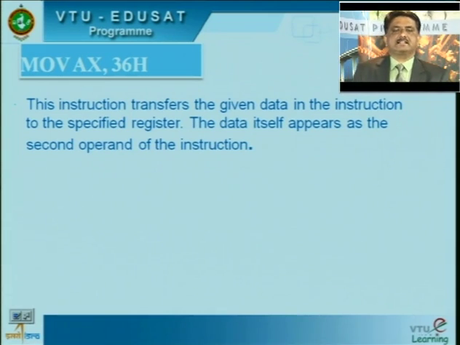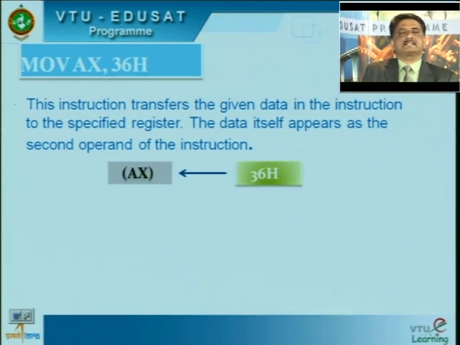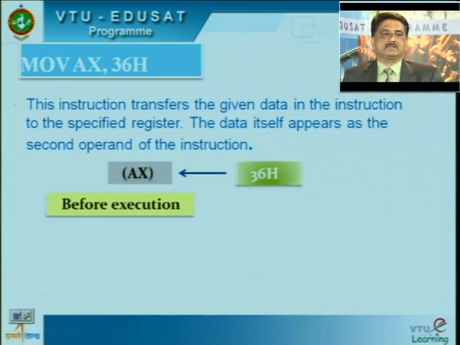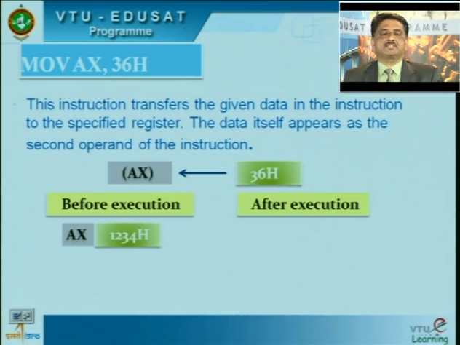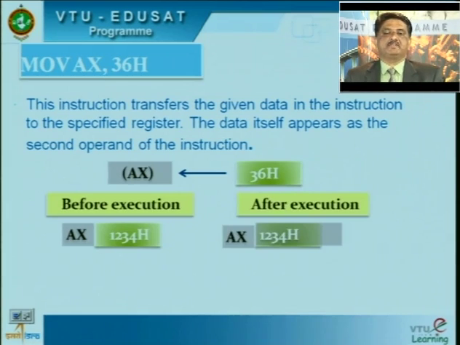Now this instruction transfers the given data in the instruction to the specified register. The data itself appears as the second operand in the instruction, where it is called an immediate operand, where your 36H gets copied onto AX. Before execution, AX content is 1234H, and after execution, instead of 1234H, it gets changed to 0036H.